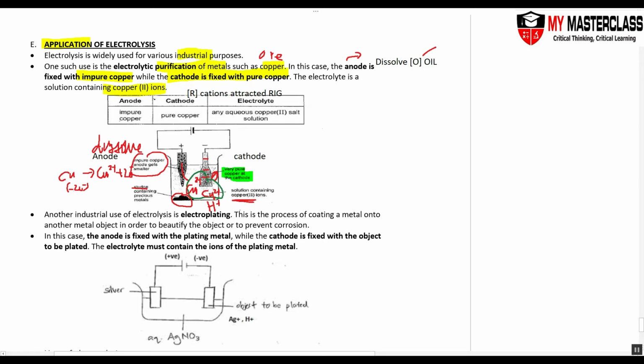It is easier to gain electrons, so my Cu2+ will gain electrons over the H+ and get preferentially discharged to form copper. That's where you see your cathode gets bigger and bigger, with more and more pure copper. So that's how we purify metals.